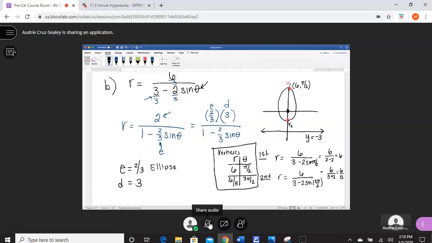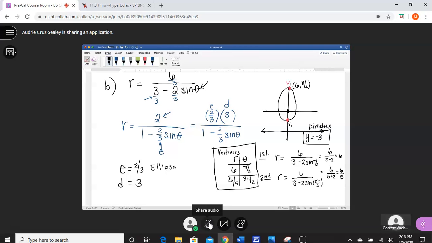So we have our vertices, we have our directrix. Then it's going to ask me for my center. How are we going to find that? Where is your center located? Between what?